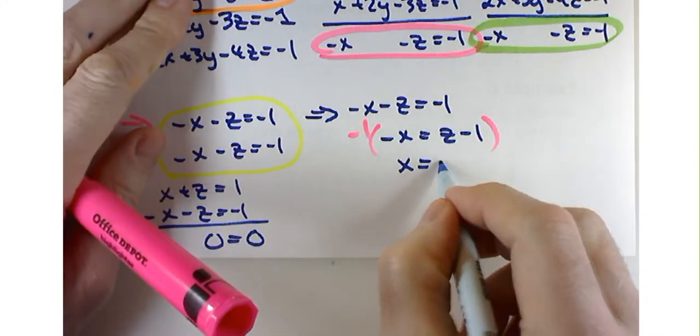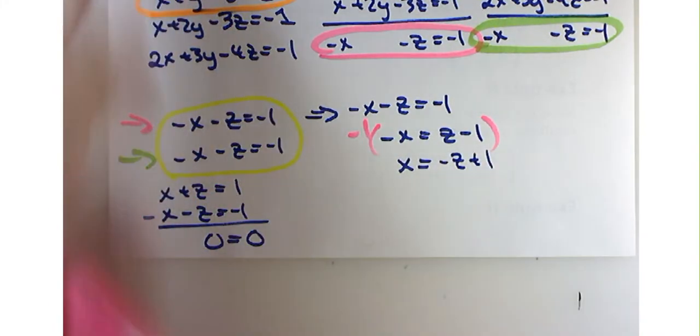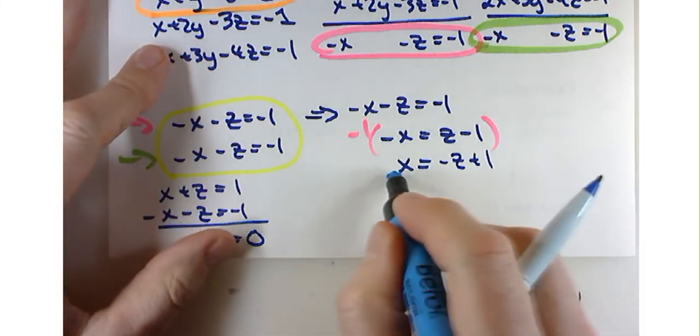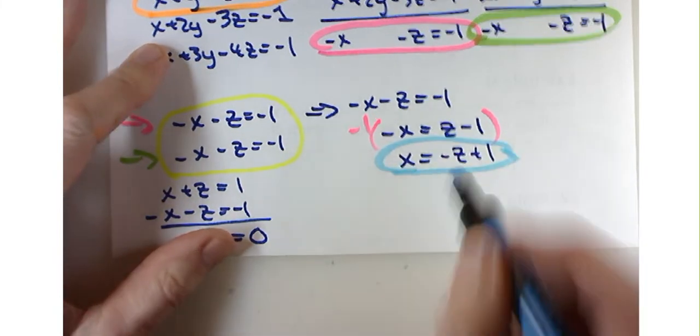That's going to give me negative z plus 1. Okay. So I got negative z plus 1. That's part of my solution, because that's going to be my x right there. So I'll circle that in blue.